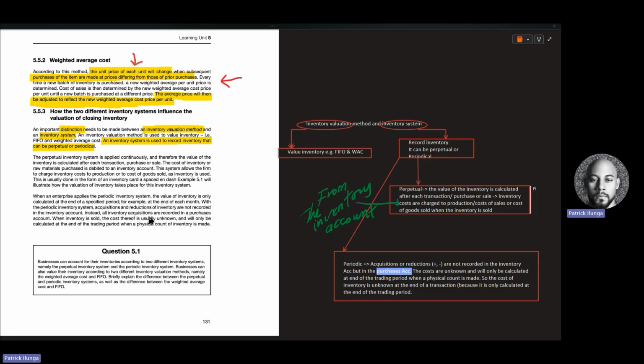Picture that in your mind. After you've crossed the foundational stage, you should now be able to picture certain things in your mind.